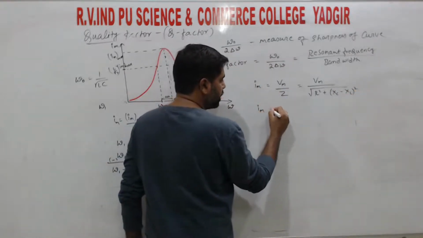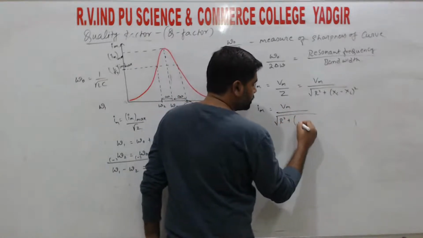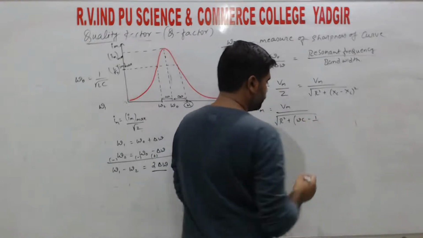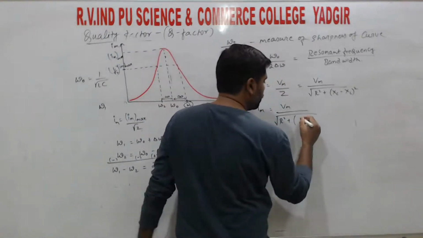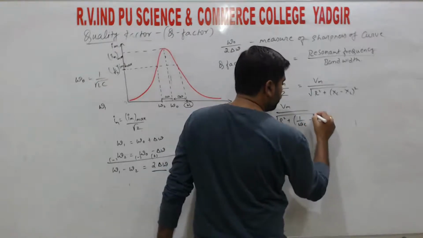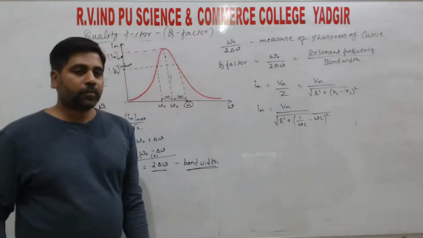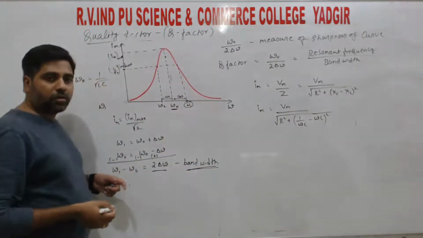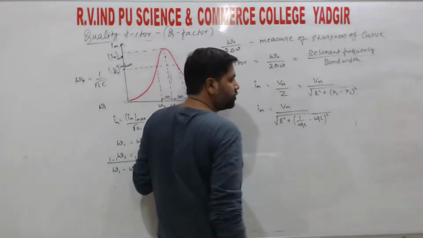We can also write that as Vm divided by the square root of R square plus (1 by omega C minus omega L) whole square. Here we are not using the frequency omega naught, I am taking the frequency omega 1, so wherever there is omega, we take omega 1.